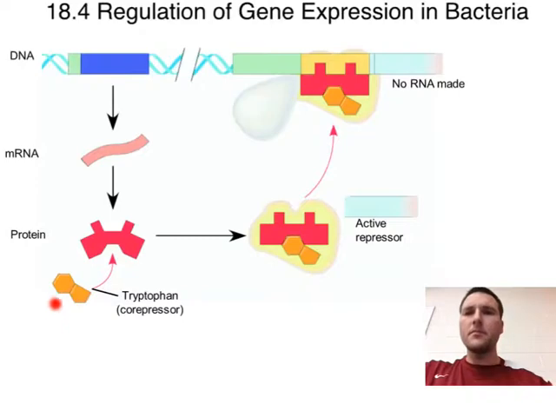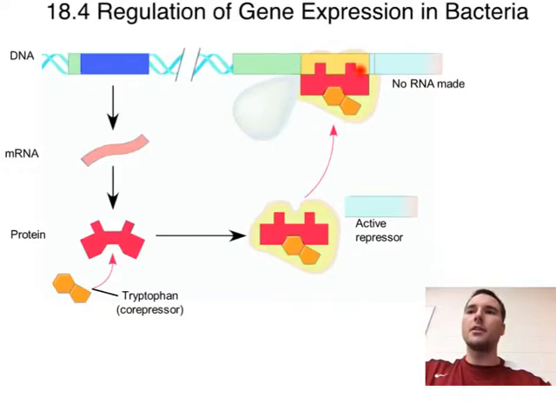Tryptophan will attach to the repressor, and when it attaches at a site that's not the active site, it makes this become an active repressor. The active form of the repressor can attach to the operator region of our operon. These aren't labeled here, but that's the operator.